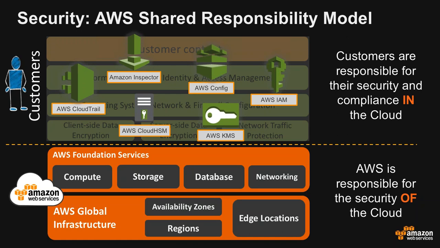We have our AWS IAM, which is Identity and Access Management, which is a very comprehensive suite of tools and capability that enables you to control access at all levels of the AWS platform to specific resources and specific users. You'll also notice in here we have CloudHSM and AWS KMS. These are our encryption methodologies, and these can be used to encrypt data at rest and in motion, and can also be used to encrypt data within your own application.